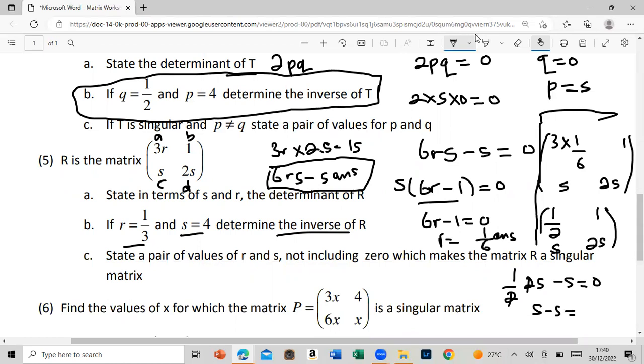I think I did something wrong here. This was the original, which is 2S. So that'll be 3R, so that's 1 over 6. When 1 over 6, they work out to a half. Half times this is 1. So S is 1. So S can be 1 when R is 1 over 6.